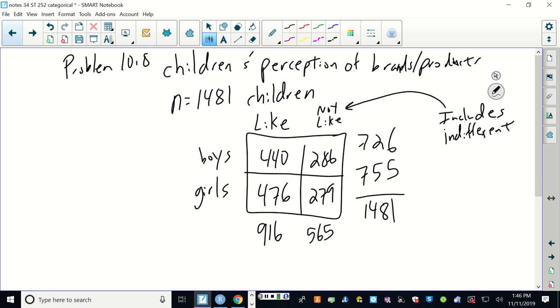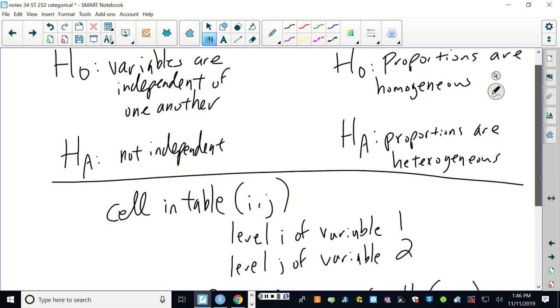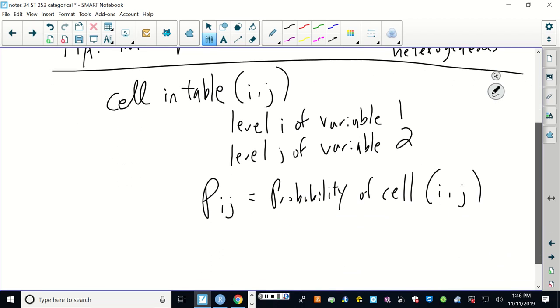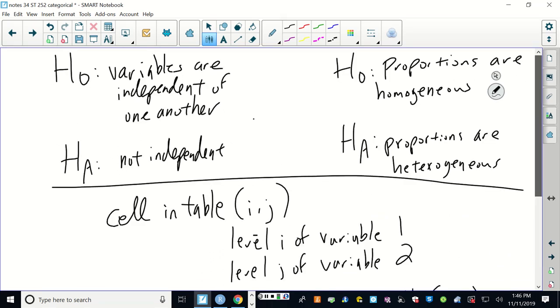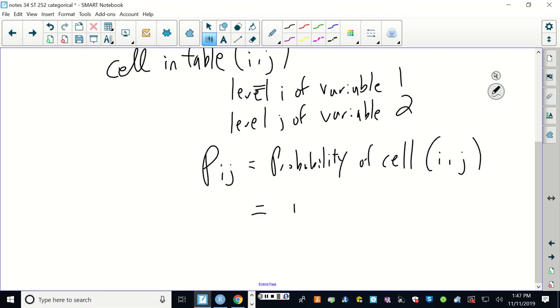What's the probability you're in one of these cells? Under the null hypothesis that they're independent, the probability that you have both I and J is going to be the probability that you're in I of the first variable, times the probability you're in J of the second variable. It becomes multiplicative under independence.